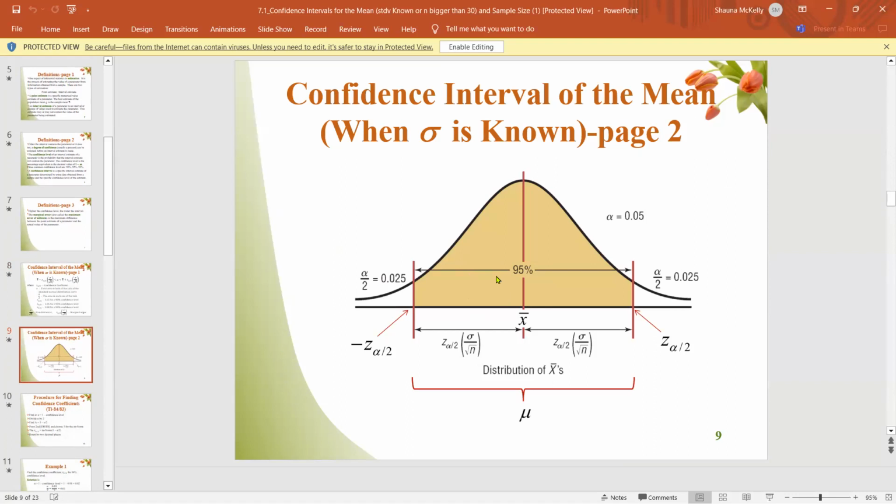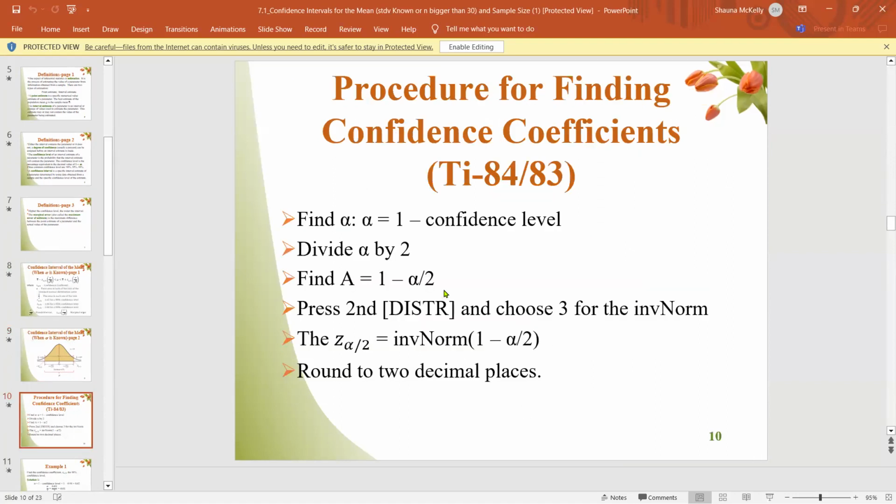This is 95%. So my alpha is 5% because it's 1 minus 0.95, which is 0.05. You divide that by 2. So here's your distribution, and here's your procedures on slide number 10.